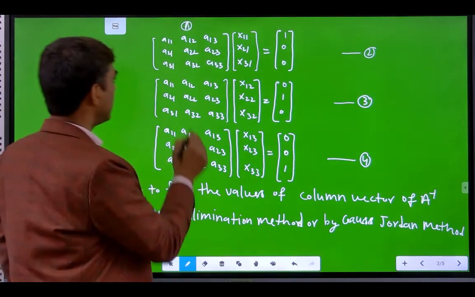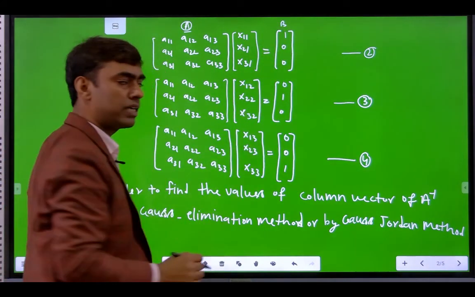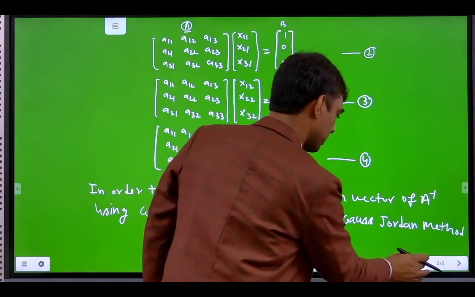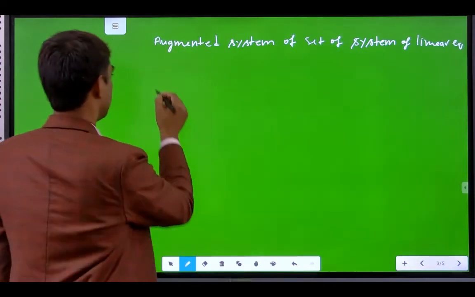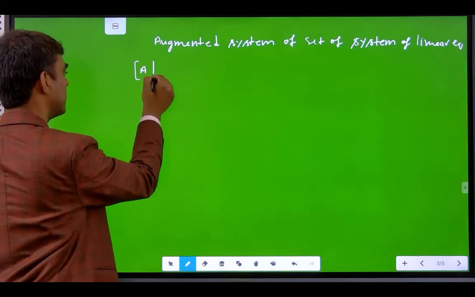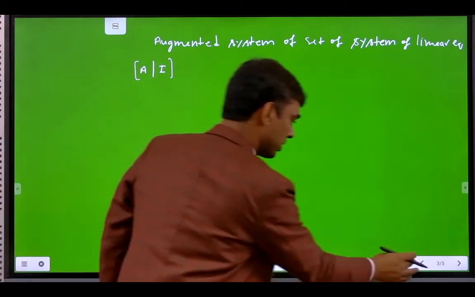In an augmented matrix, we write matrix A, and on the right-hand side, partition, matrix B. But here we write matrix A, then a partition, then matrix I.